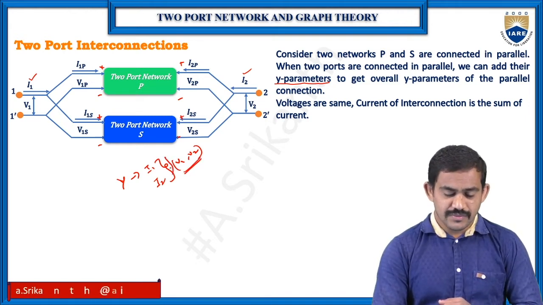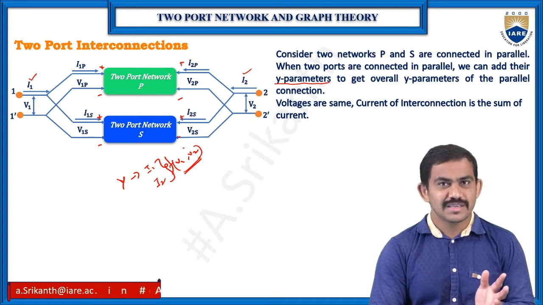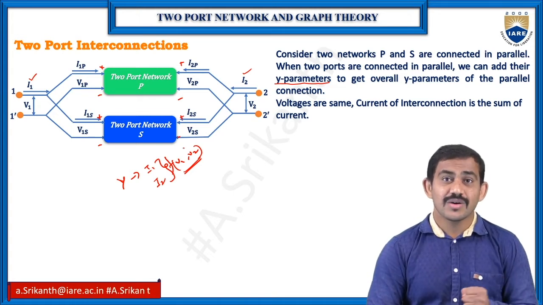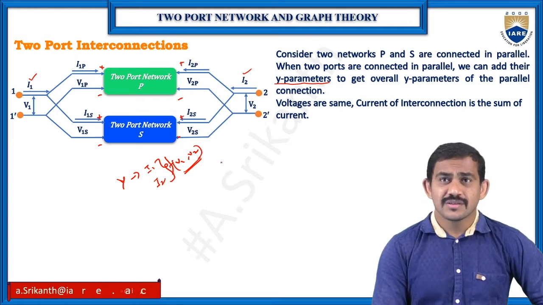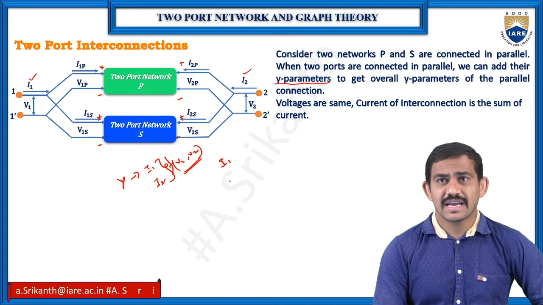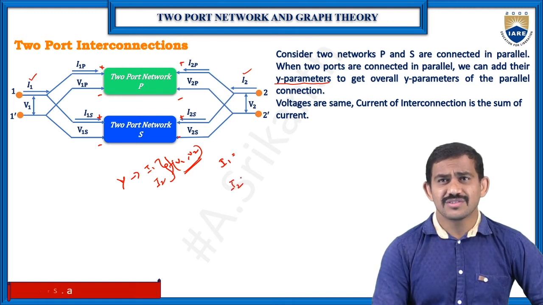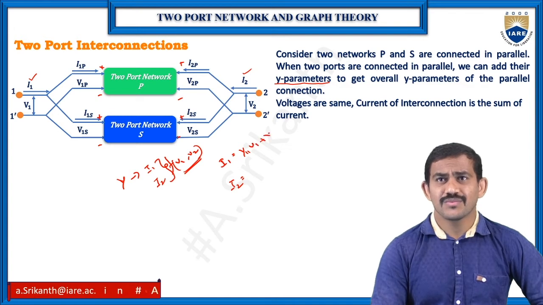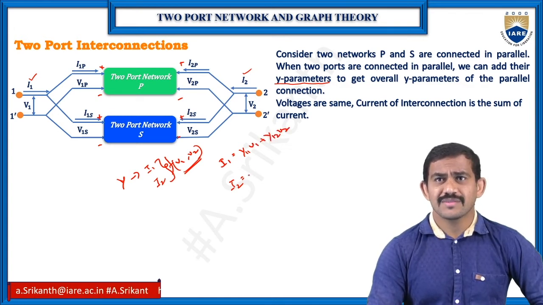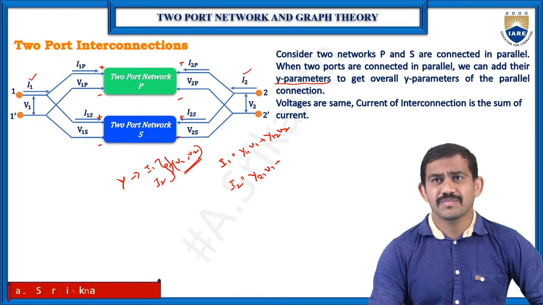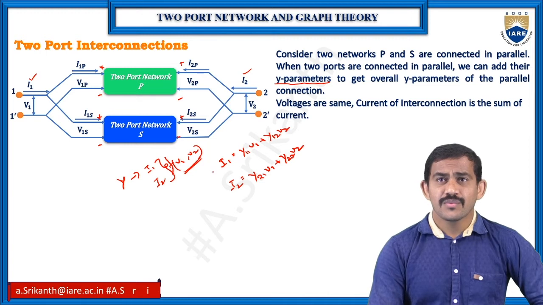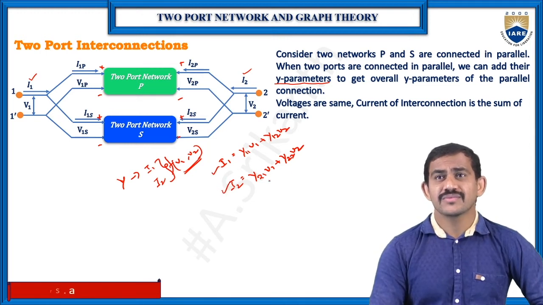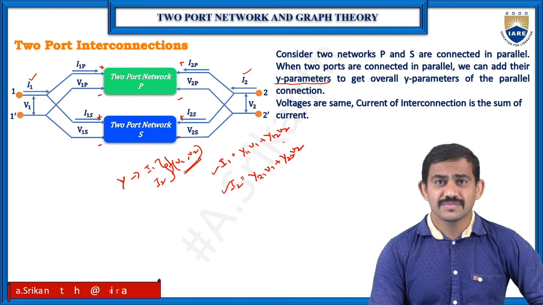So your equation for Y parameters: I1 is equal to Y11 V1 plus Y12 V2, and same, I2 is equal to Y21 V1 plus Y22 V2. So we have I1 and I2 in terms of V1 and V2.